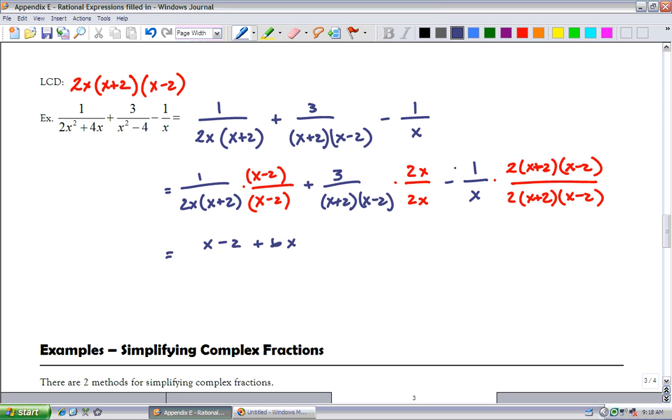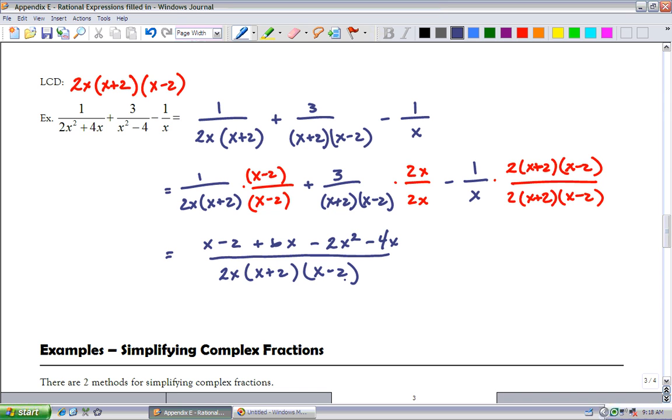And negative 1 times all of this, and if you need to stop and work this out, go ahead, but what we're going to end up with here is minus 2x squared minus 4x. All of that will be over my least common denominator.